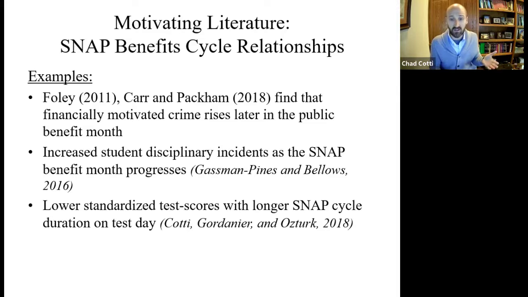And we can find that it actually made a difference even within students, because it changes from year to year, even though their food stamp cycle doesn't, it changes the date of the test. So there are these known relationships that seem to be related to these food insecurity issues that the prior research has found.